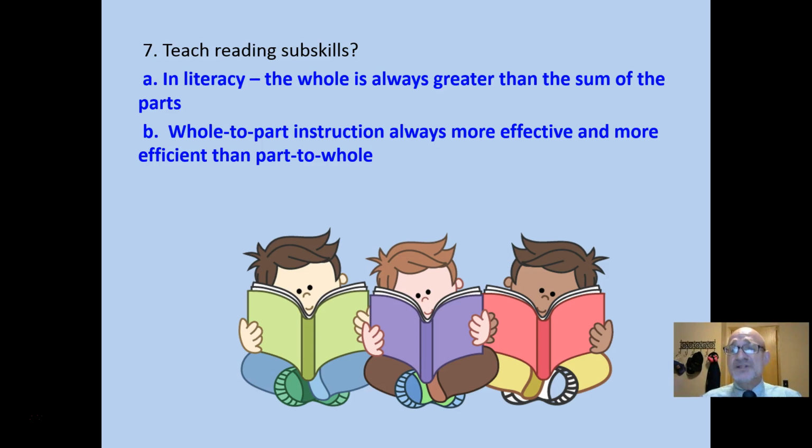Well, the whole is always greater than the sum of the parts, and often the phonics-based or skills-based approach, they teach all the little parts, thinking that when students master these parts, they'll put them together and they'll be able to read. Whole to part instruction is always more effective and more efficient than this part to whole.